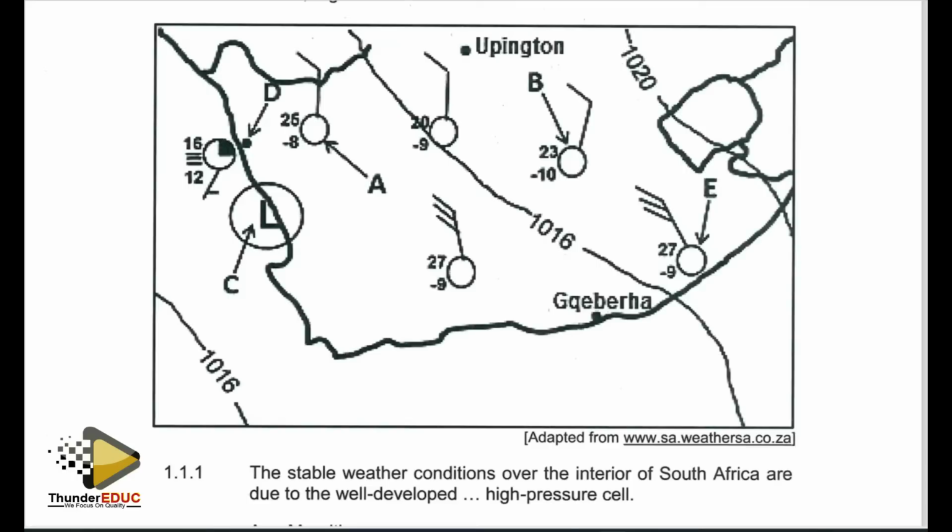And if you check the temperatures, the maximum temperature is 27, the minimum temperature is -9. We have noted that there is clear sky, no cloud cover here, the maximum and minimum temperatures are 27 and -9, and the wind is a northwesterly wind at 30 knots.